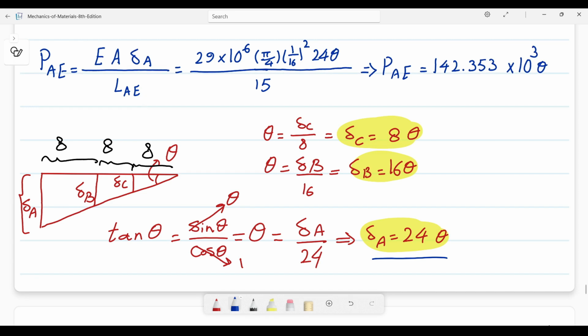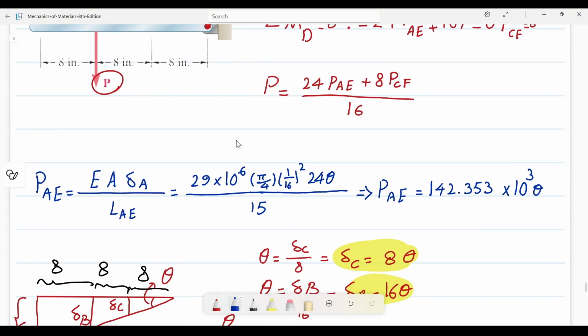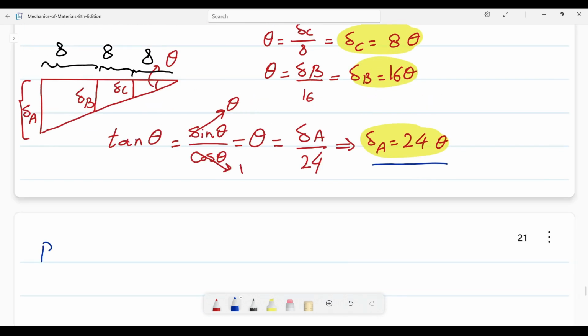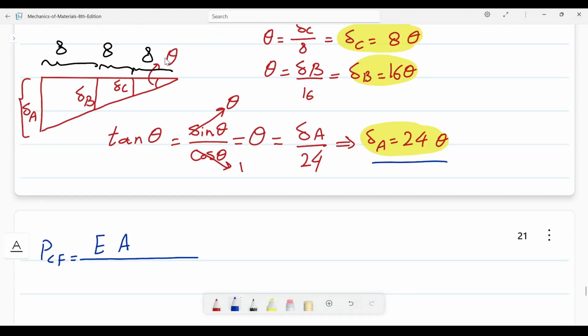Now let's write the similar equation for PCF. Here we have PCF equal to EA, which these two parameters are similar to PAE, and deflection of C dependent on theta divided by LCF.